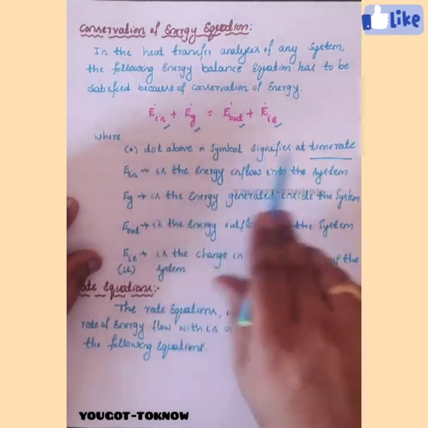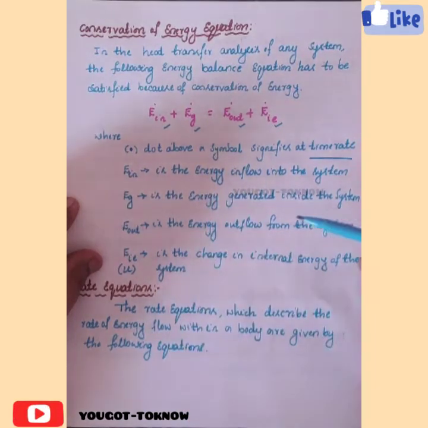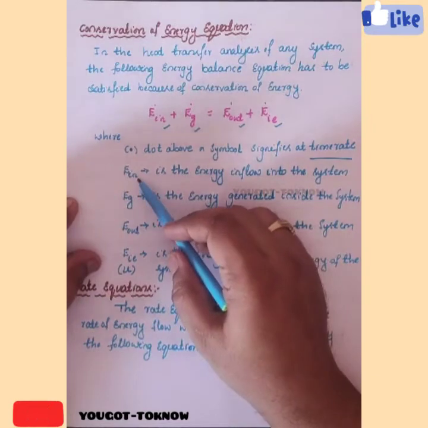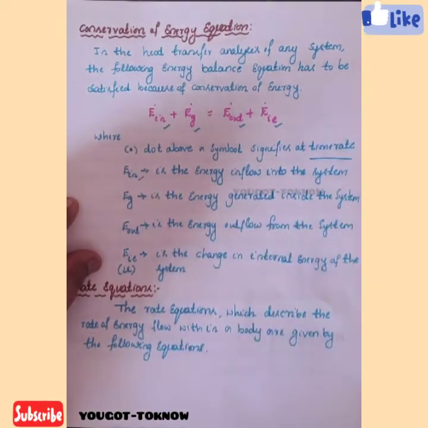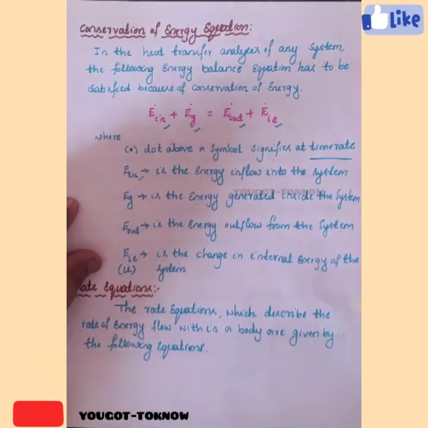E in is the amount of energy inflow into the system, that is, how much energy is coming into the system. E G is the amount of energy generated inside the system.